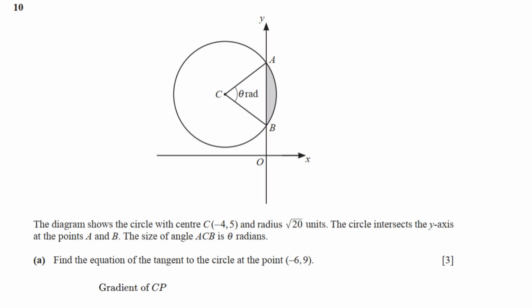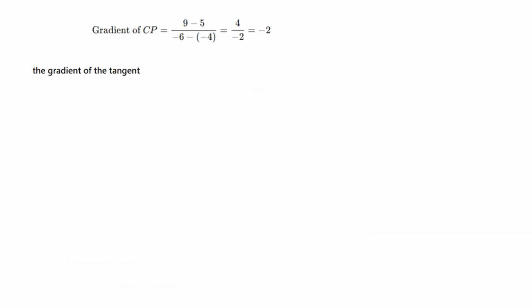Gradient of CP is 9 minus 5 divided by minus 6 minus of minus 4, which is equal to 4 divided by negative 2, which is negative 2. Next, the tangent is perpendicular to the radius, so the gradient is the negative reciprocal. Gradient of the tangent is 1 over 2.